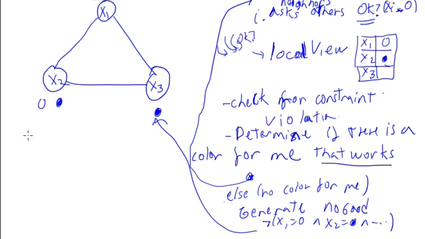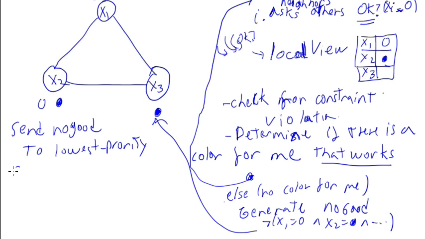I send that nogood to the lowest priority neighbor agent in that nogood. So this nogood involves x1, x2, and let's say only x3.